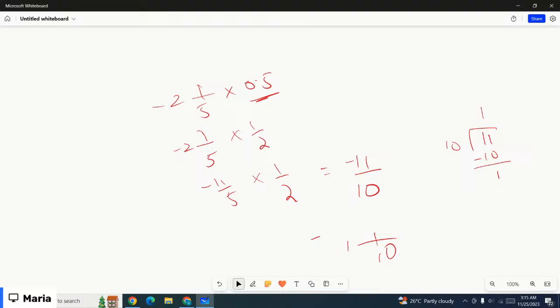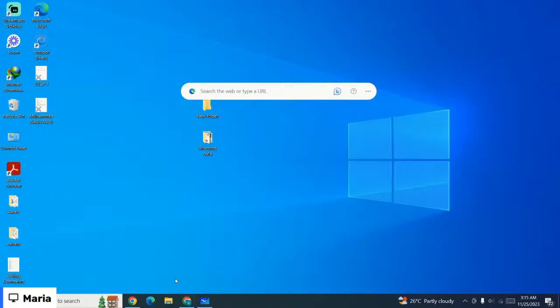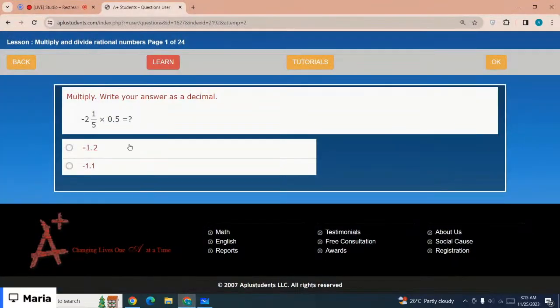Right? So multiplying and dividing rational numbers is exactly same like we do the fractions, right? Okay, that is negative 2.